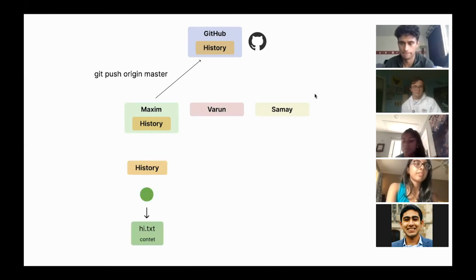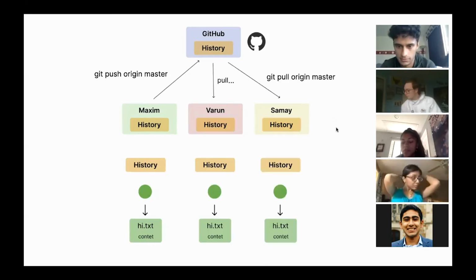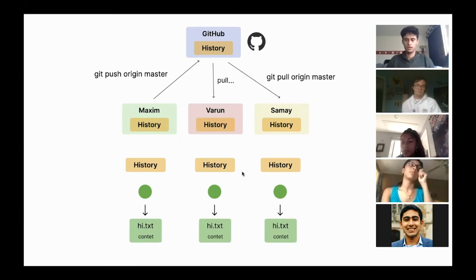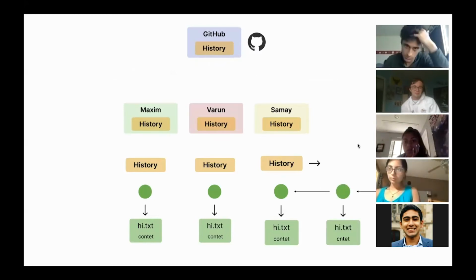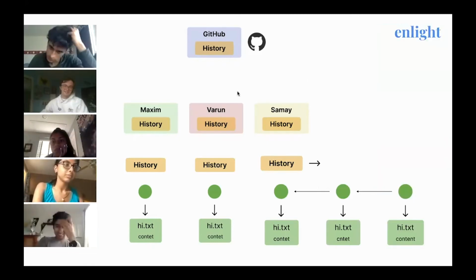So once it's in GitHub, me and Samay, we can pull it down from the cloud and put it on our laptops. Now we get the whole history tree right onto our own laptops, and we can work on the code on our laptops. And let's just say Samay's up all night, he's grinding, he creates a bunch of commits, right?